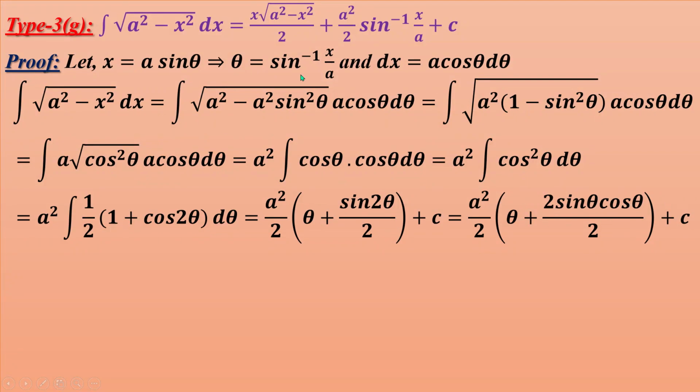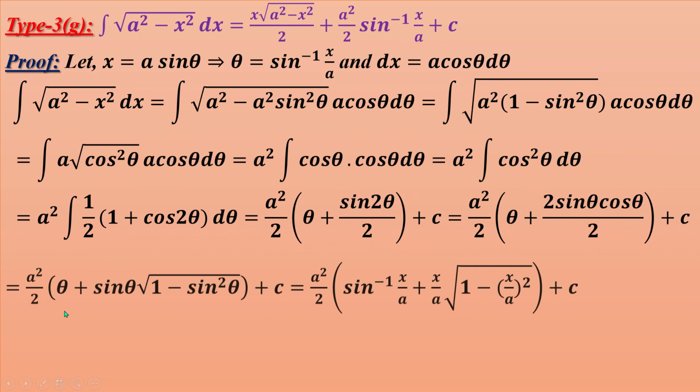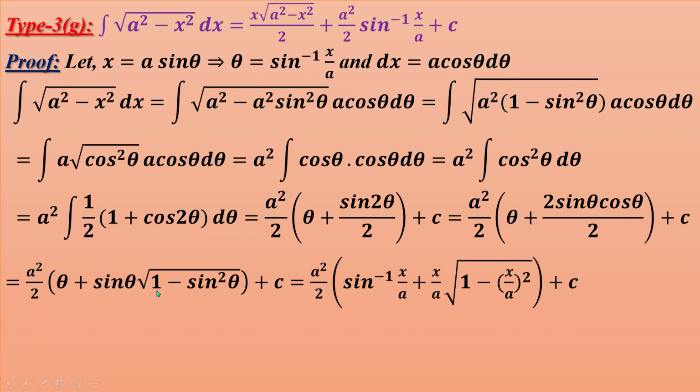But theta is equal to sin inverse x by a, and cos theta is equal to square root over 1 minus sin square theta, because we put the value of sin theta. So follow the next line: a square by 2 theta plus sin theta into square root over 1 minus sin square theta, and the 2 cancels, plus c, with a square by 2 fixed. Here theta is equal to sin inverse x by a, plus sin theta, meaning x by a, square root over 1 minus x by a whole square plus c.